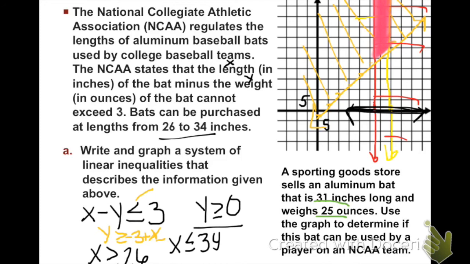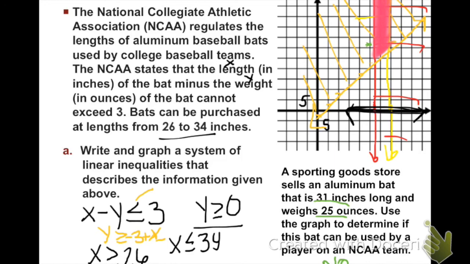And 31, 5, 10, 15, 20. The point would be right there. And we can tell that that is not in our pink region, so therefore, no, you cannot use that bat in NCAA baseball games.